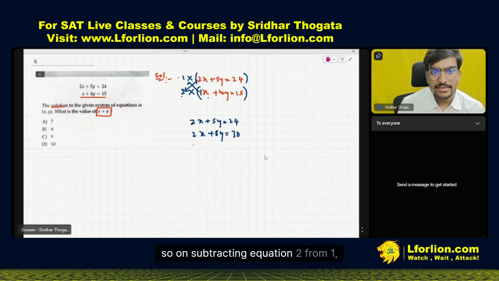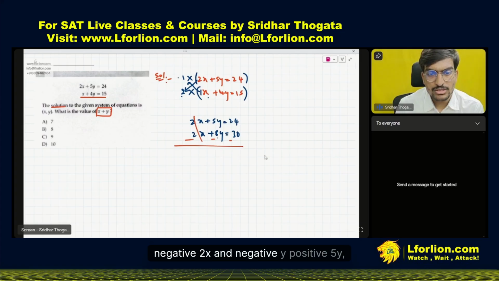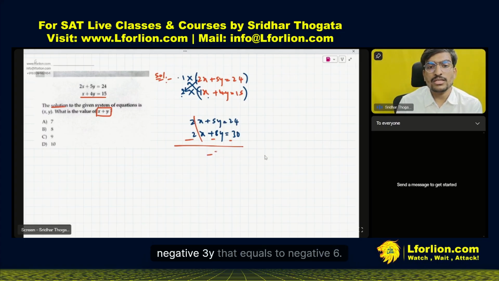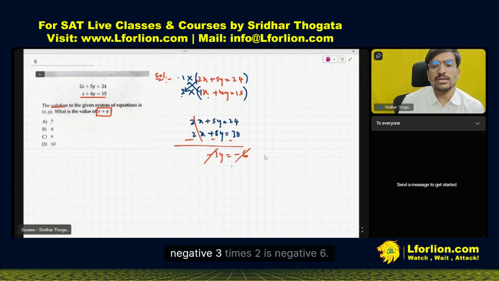On subtracting equation 2 from 1, positive 2x and negative 2x cancel, and negative y, positive 5y, negative 3y, equals negative 6. So negative 3 times 1, negative 3 times 2 is negative 6. So y value is 2.